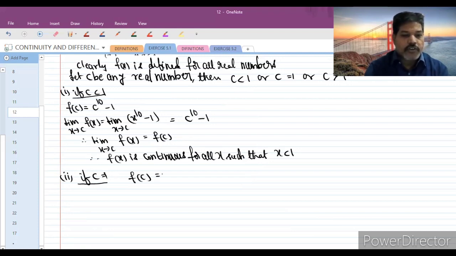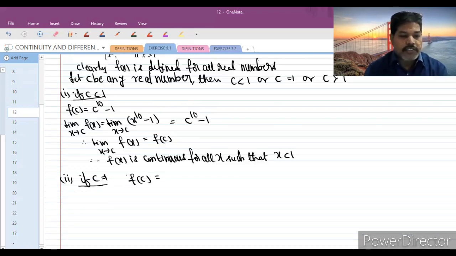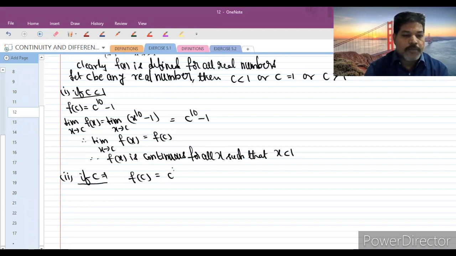See the given problem, f of c is equal to, if c is equal to 1, f of c value will become x power 10 minus 1. That means f of c will become c power 10 minus 1.